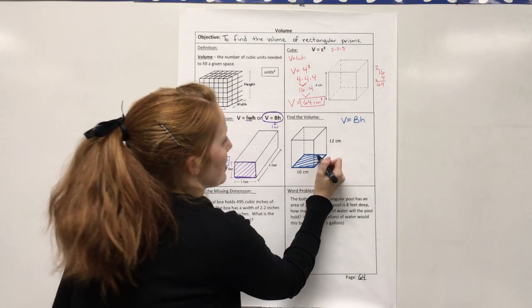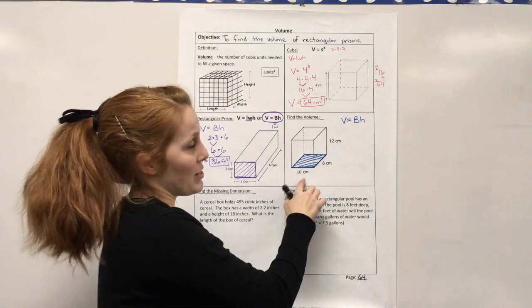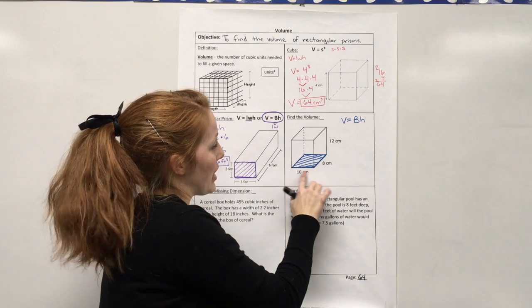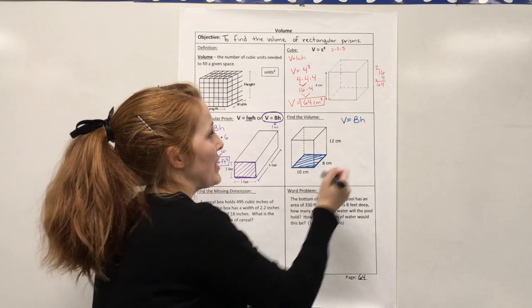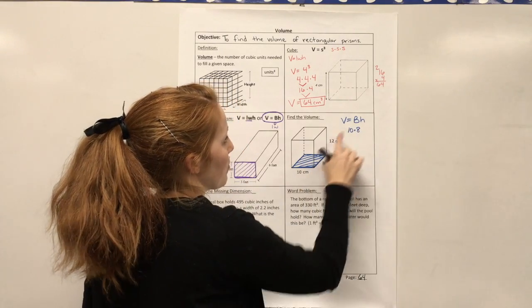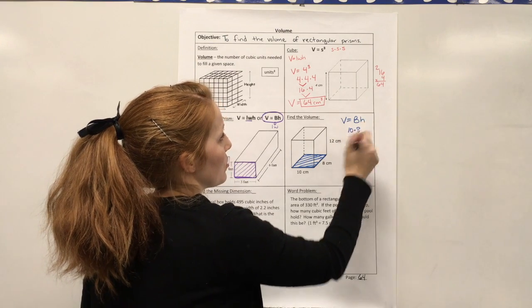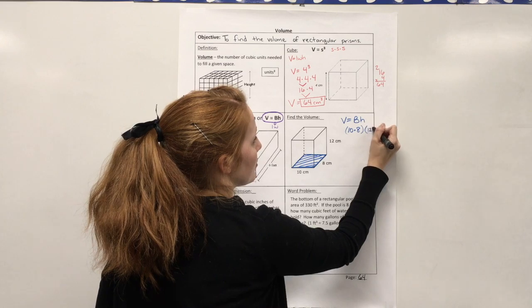Okay, and to find capital B, which means the area of this base, well, I need the length and width, because those are my sides of this base. So that would be 10 times 8. And then I would multiply that by the height, which would be times 12.